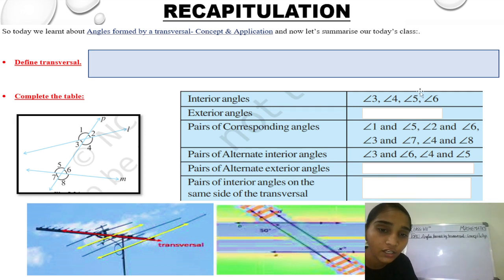And students, now here you have to complete this table. The blank given is exterior angles. So what are exterior angles? Over here, exterior angles will be 1, 2 and 7, 8. Angle 1, angle 2, angle 7 and angle 8.